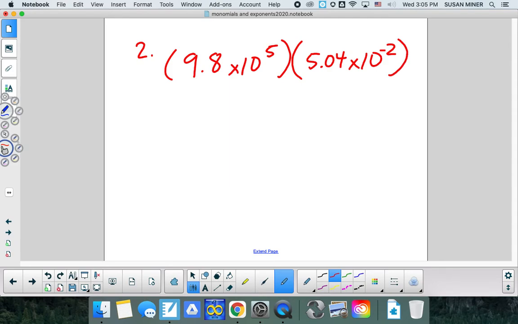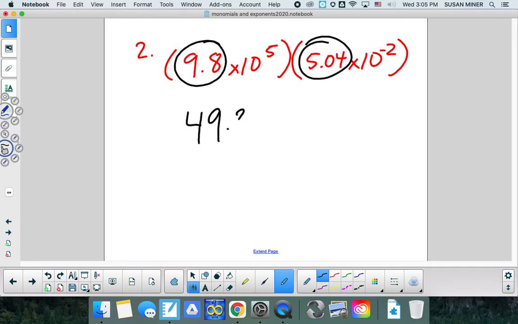Okay, we want to multiply them together. So I just take my constants, just the number part, and I multiply those together in my calculator. So this time in my calculator, I'm going to put in 9.8 and times it by 5.04. And I'm going to get 49.392.